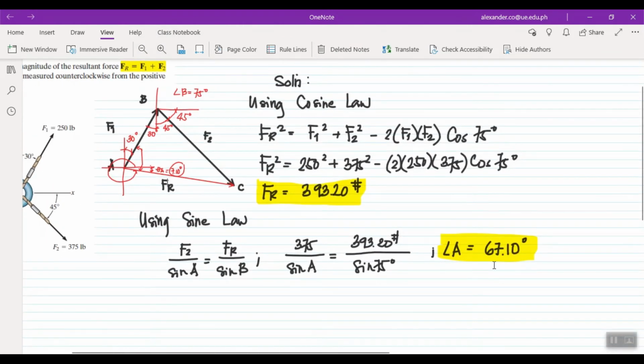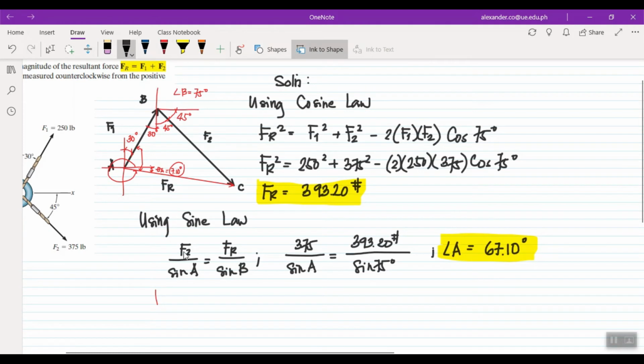So, yung direction will now be, I'll call that, direction is equal to, from the x-axis, counterclockwise, 360 degrees. Kasi ito, buo to 360, di ba? From x. I-minus lang natin yung 7.1 degree.